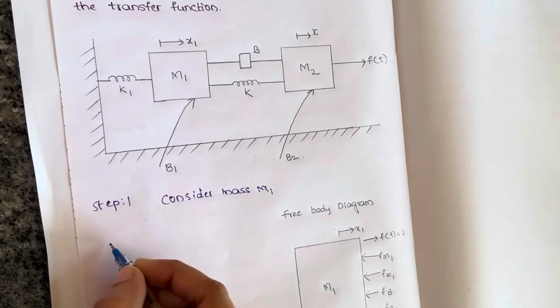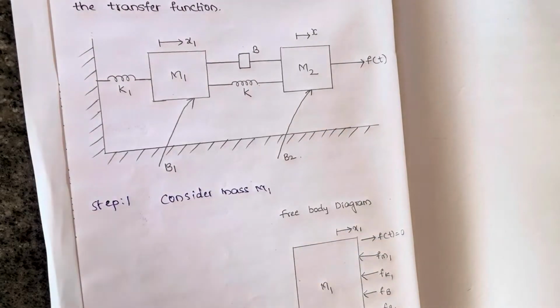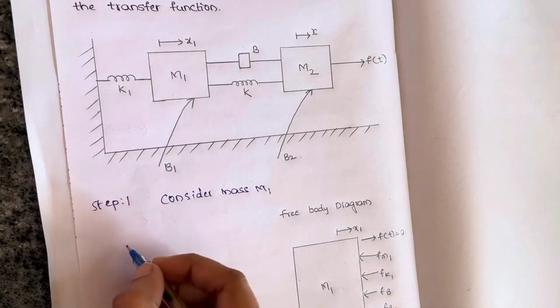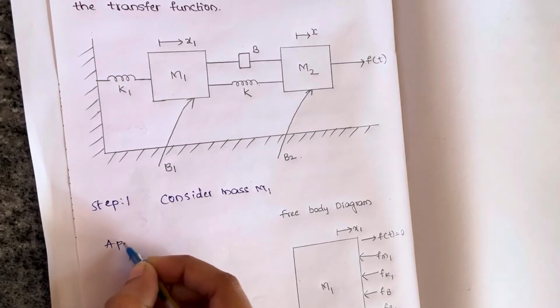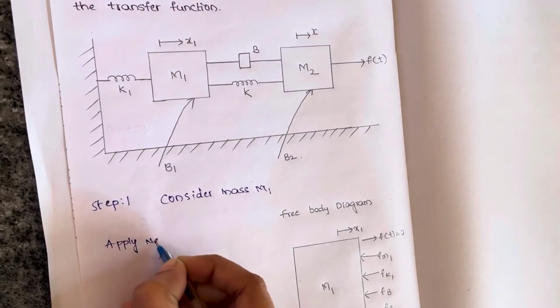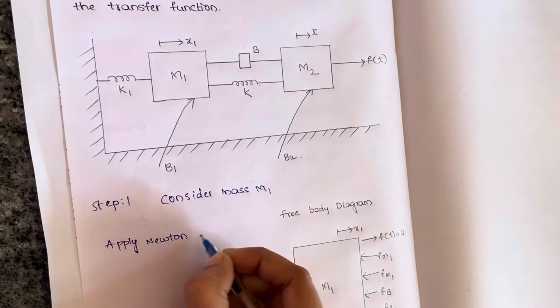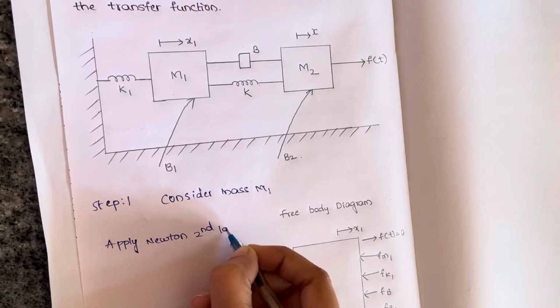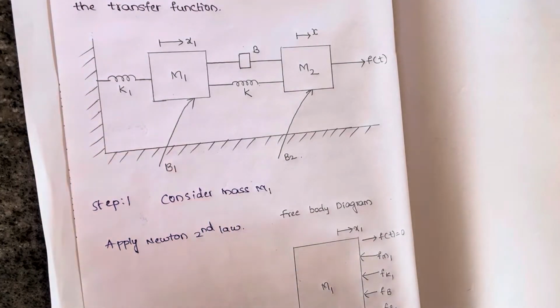Now apply Newton's second law. What is Newton's second law? It states that the sum of applied forces is equal to the sum of opposing forces on the particular body.